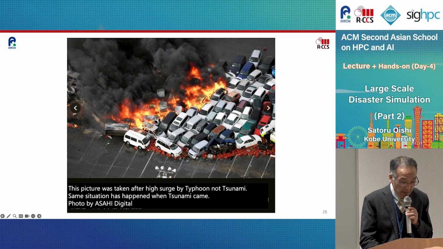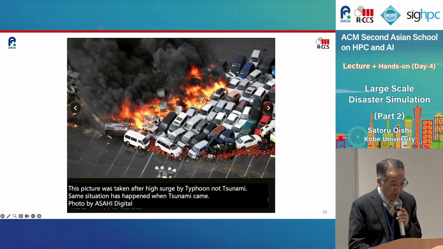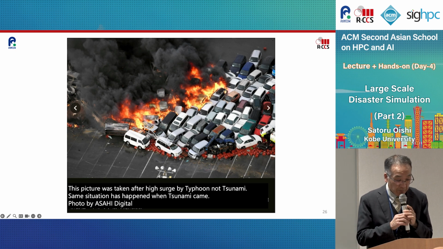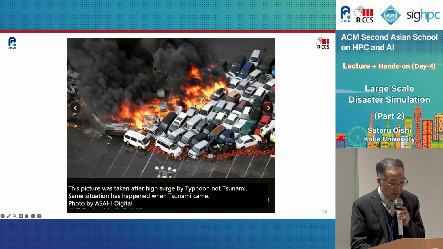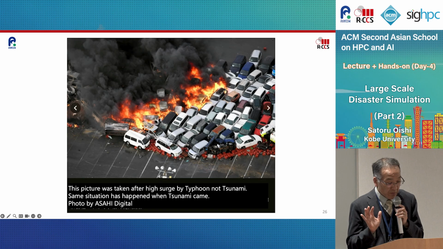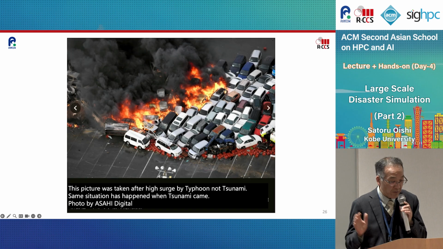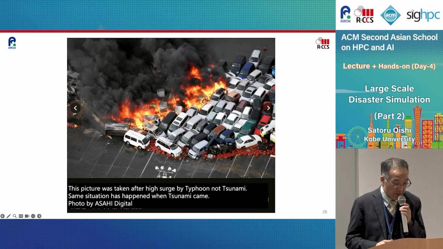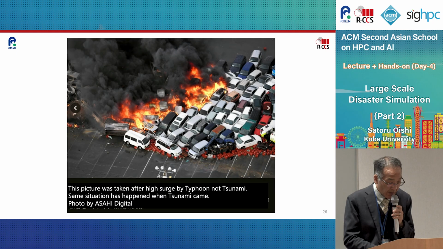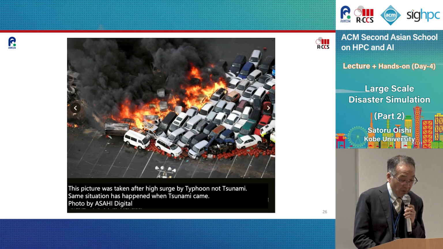This is the photo taken after the typhoon high tide hit a park at Rokko Island. A very small amount of water intruded into the park, but that water is enough to push the cars, and they hit each other because water collects at the lower place.